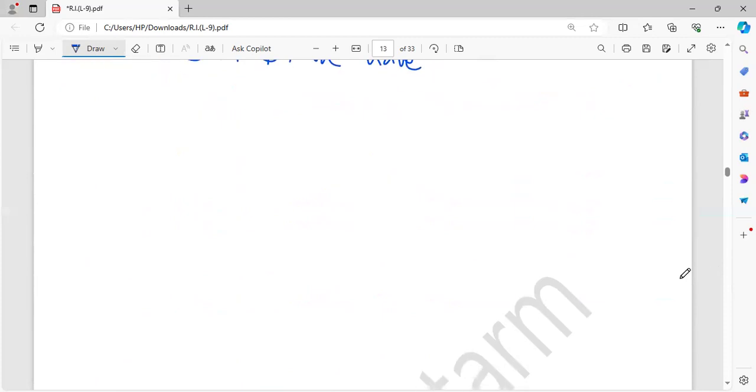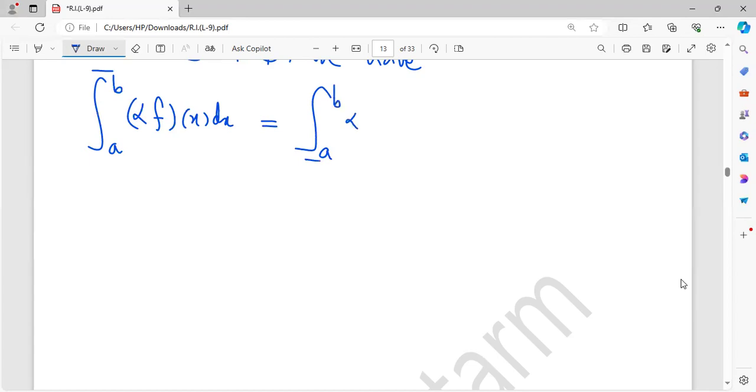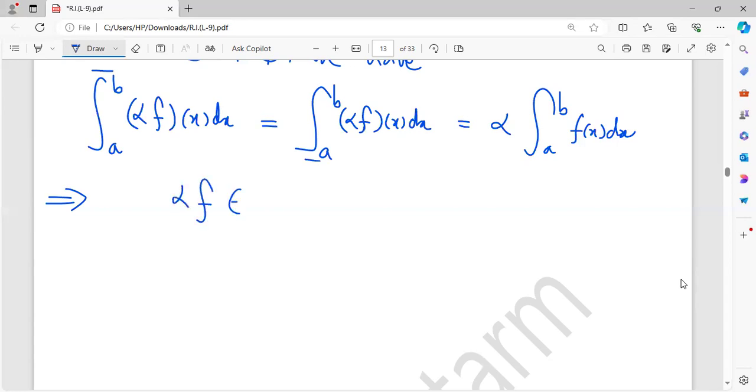The upper integral from a to b of alpha f(x) dx is equal to the lower integral from a to b of alpha f(x), and that is equal to alpha times the integral from a to b of f dx. Okay. So what does it mean? It means that because the upper integral of alpha f is equal to the lower integral of alpha f, this implies alpha f belongs to R[a,b].